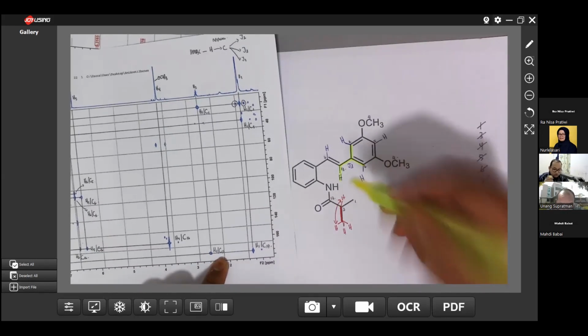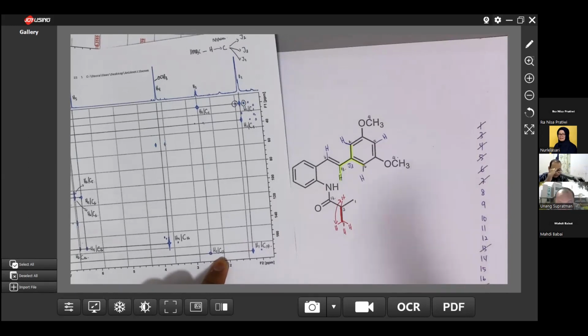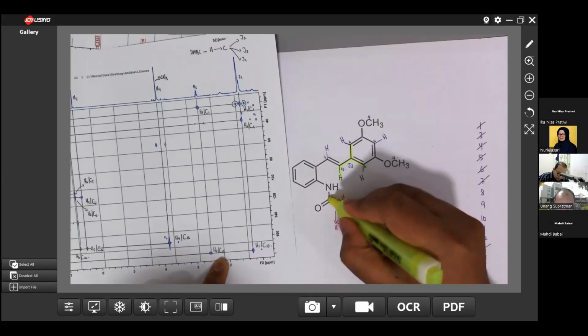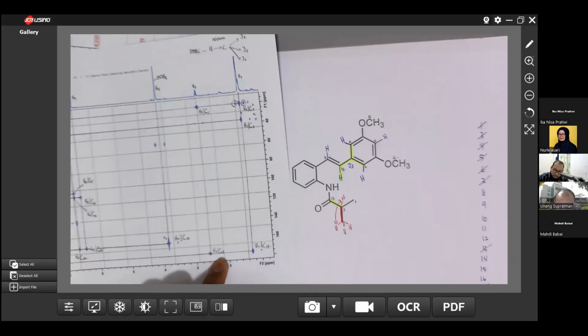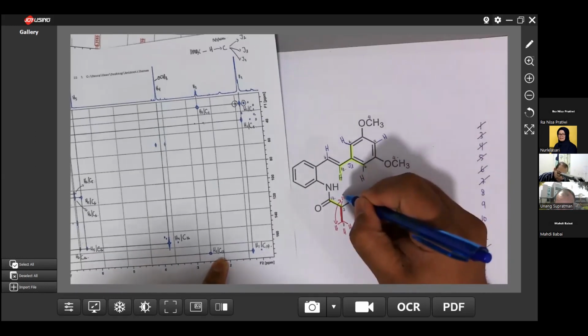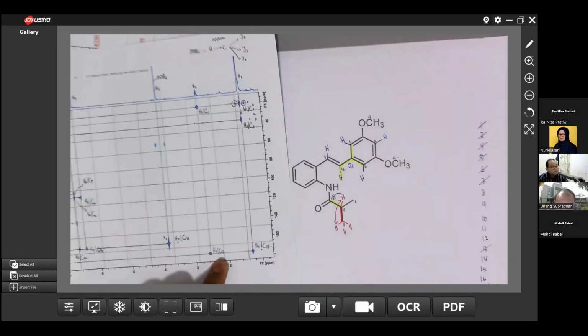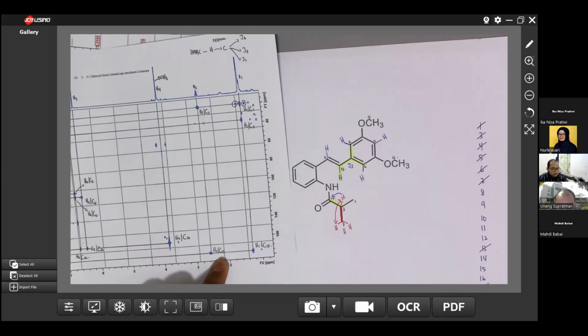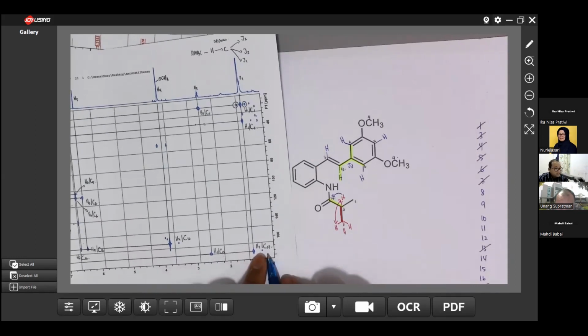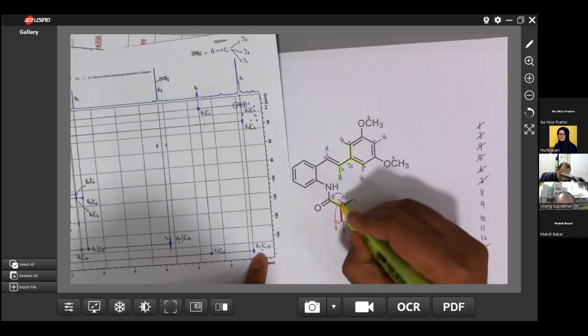I'm sorry, it's a correlation between proton and carbon. This is number 1. And H1 can see 17.